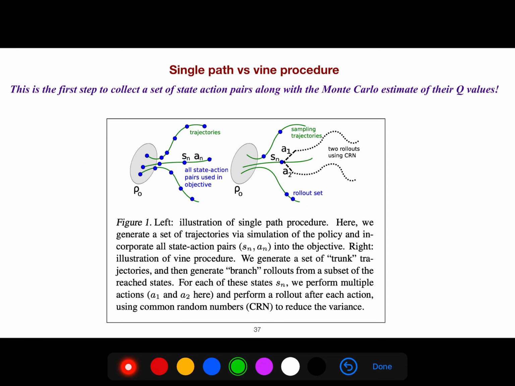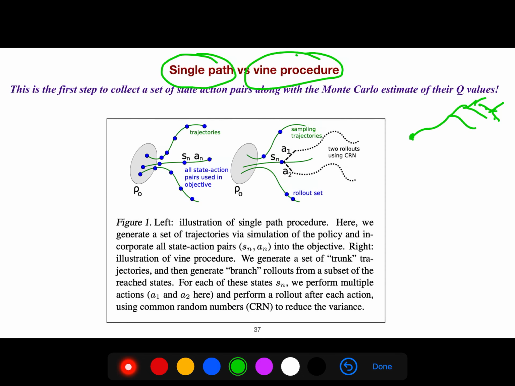And finally, there are two variants of this paradigm of trust region policy optimization. You could use the single-path or the vine procedure. From here, it's like a tree that goes, a branching mechanism.